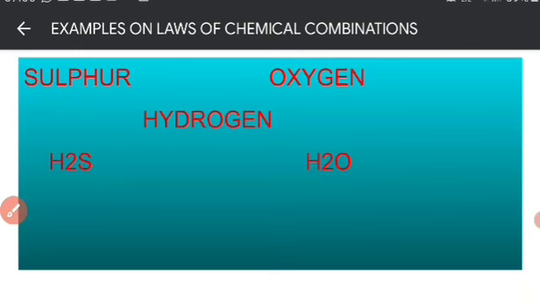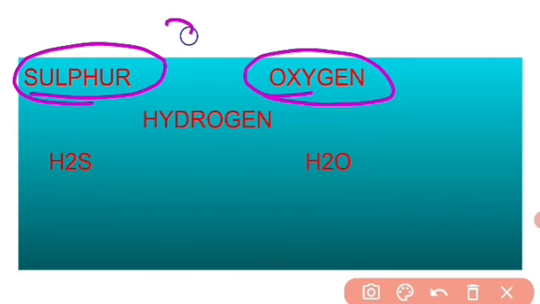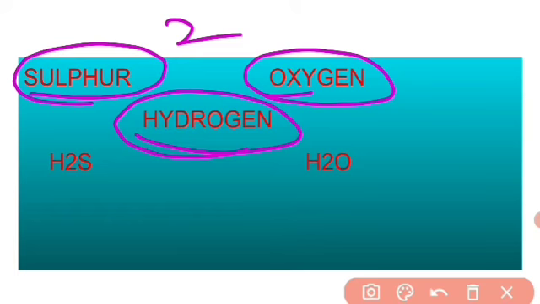Next, see, this is our slide, wherein we are taking sulfur and oxygen. These are the two elements we are taking. The fixed element we are taking is hydrogen. When sulfur combines with hydrogen, it will give you H2S. When oxygen combines with hydrogen, it will give you H2O, that is water.